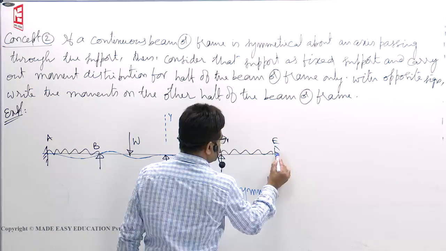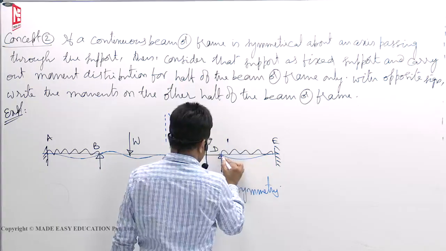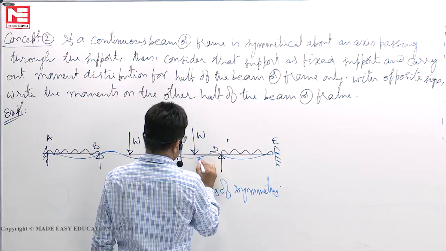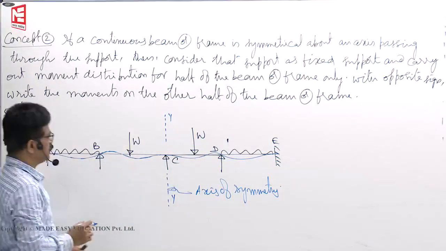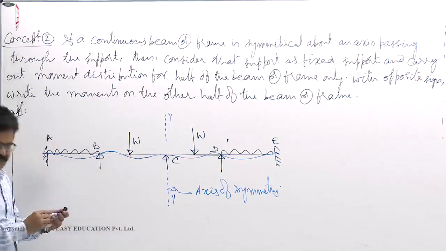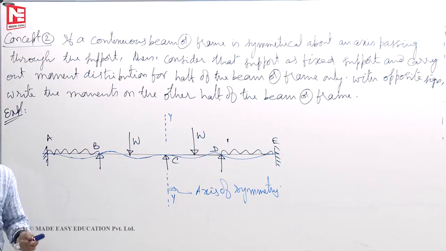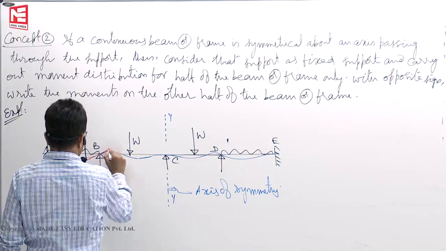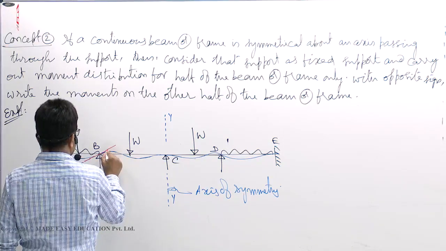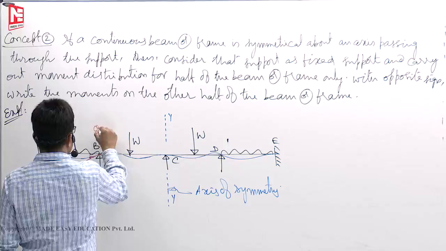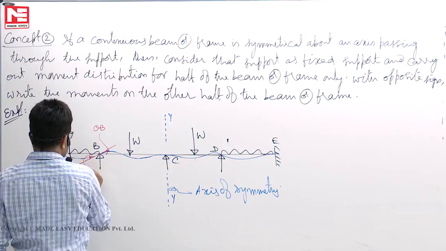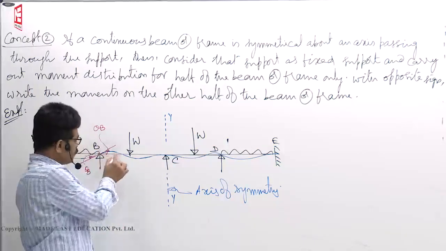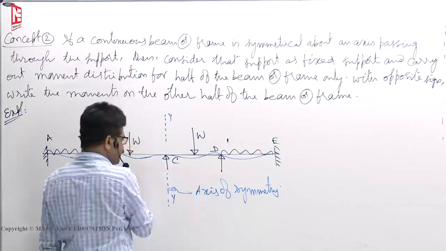Here also same, it is going down, up. Say like this. So, here theta B can exist. Let there be theta B, but theta C has to be 0. Theta BA, theta BC, let us call it as theta B, and that must be same on both sides, but theta B can exist.